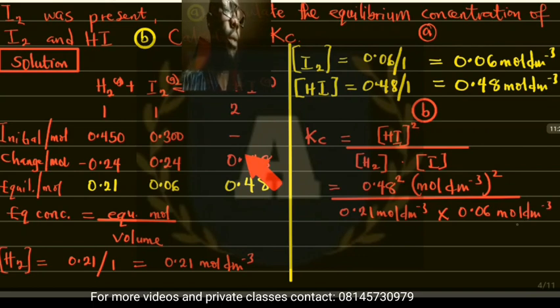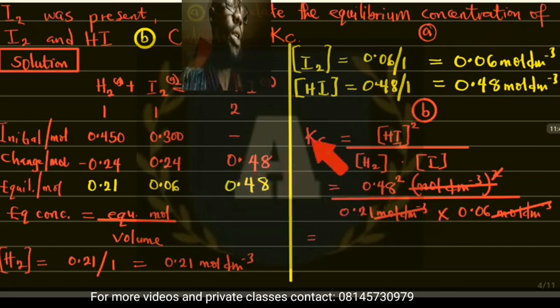Now let's first justify the units. We cancel out one of these, and this we cancel out with this, so our equation is going to be unitless. Therefore our answer is going to be unitless.